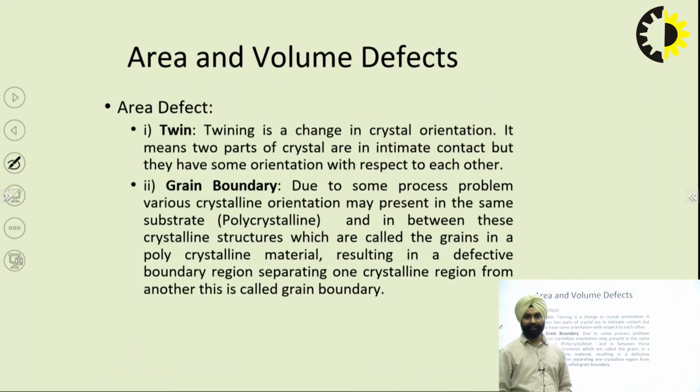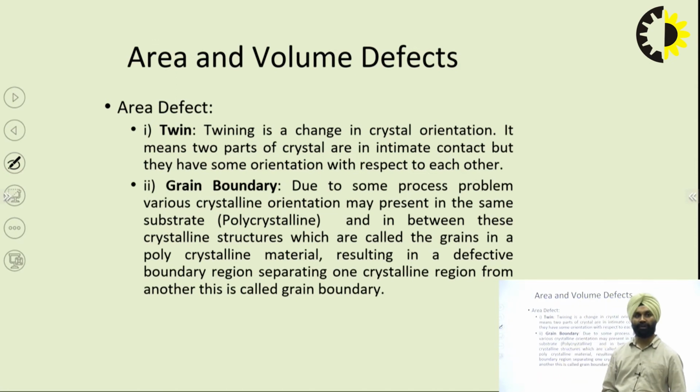Then the 3D defects. These 3D defects can be taken as the area and the volume defects. In the area defects, we have two types, twinning and the grain boundary defects. Twinning is a change in the orientation which makes the two parts of the crystal in intermediate contact, but they have different orientations in the two different parts of the crystal.